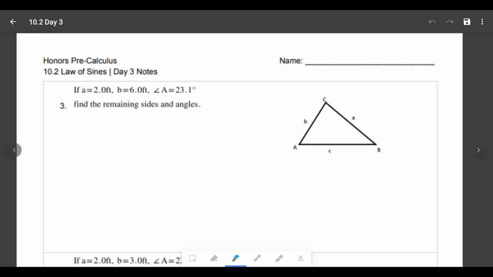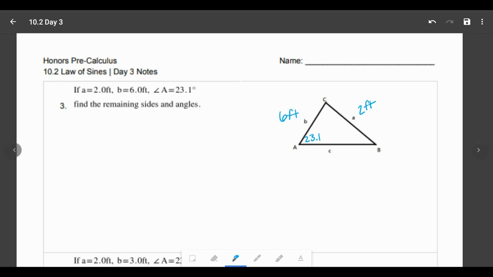Continuing on with problem 3, first thing I always like to do is label my diagram. And I'm going to notice, okay, I have all of my A information.